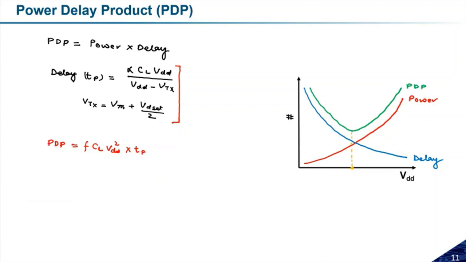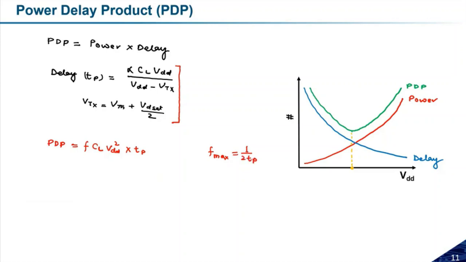Okay, if we talk about any CMOS circuit and the maximum possible rate of frequency for any circuit, that could be like 1/2 TP. This is the maximum possible frequency that we can offer.